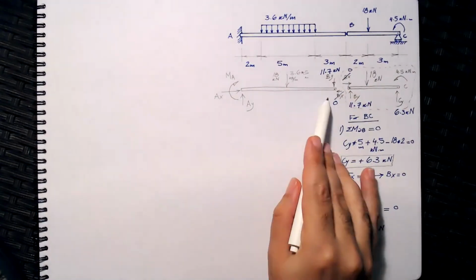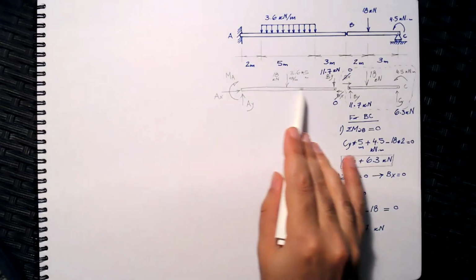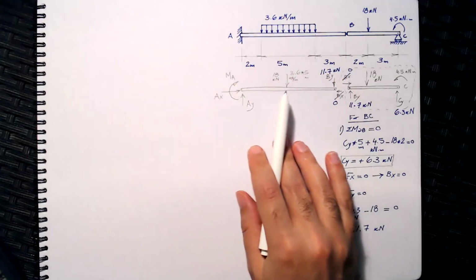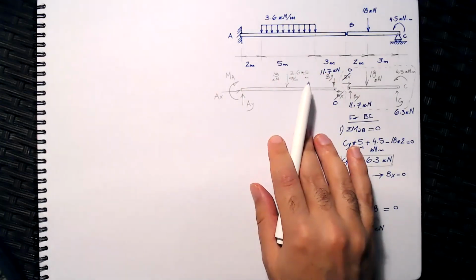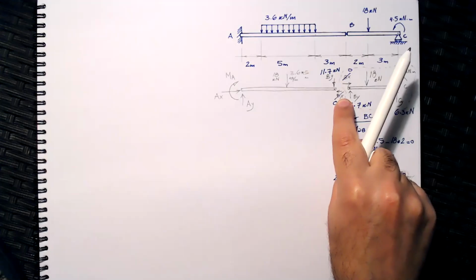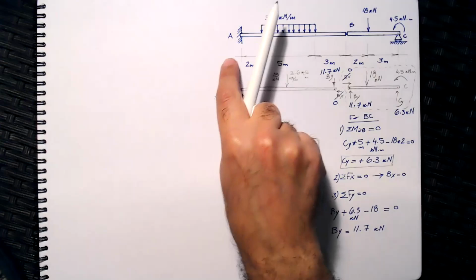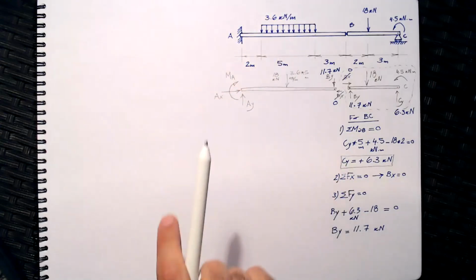Okay, so now we are starting to realize that the left-hand side is becoming doable now because we know Bx, it's 0, and we know By, it's 11.7.